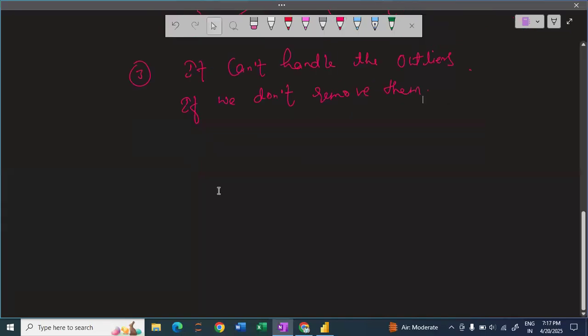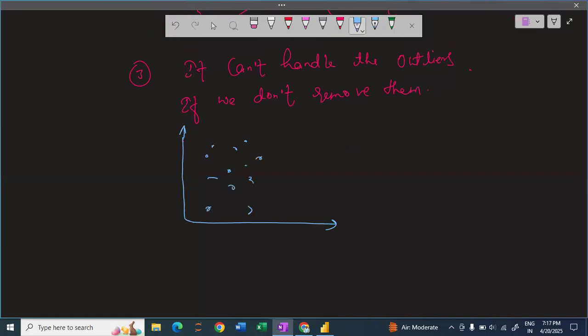Suppose we have some data points like this when we draw them in scattered form.